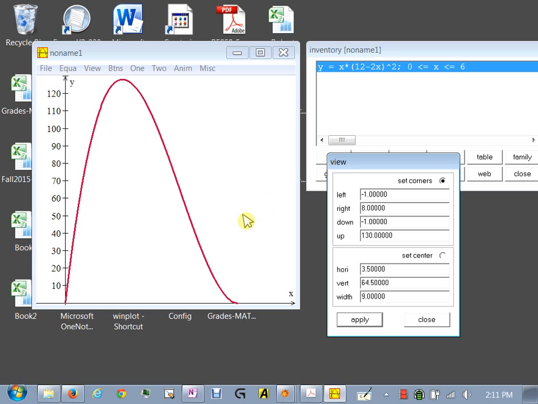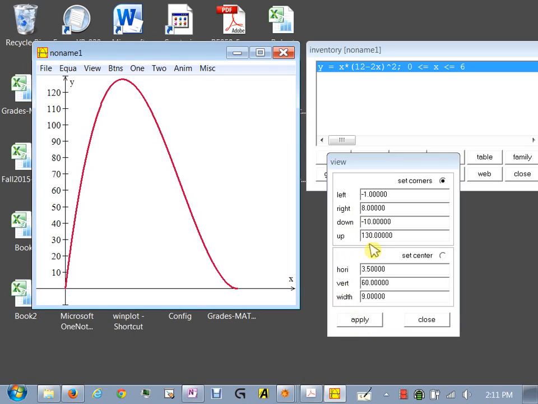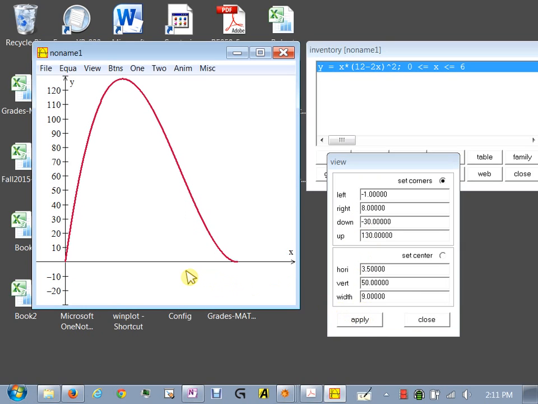And what we were able to determine, let me do one more thing here. I really wish we could see the x values. It's not showing my x values. But if this is 0, this is 6, right? And you can see that we have global minimums here. We have a global maximum up here at 128, and where is it occurring?